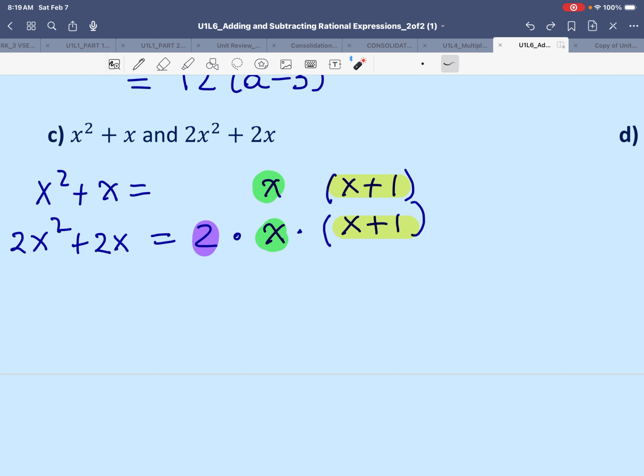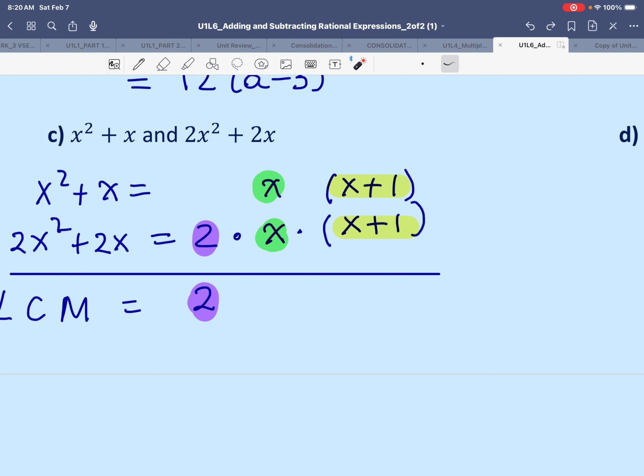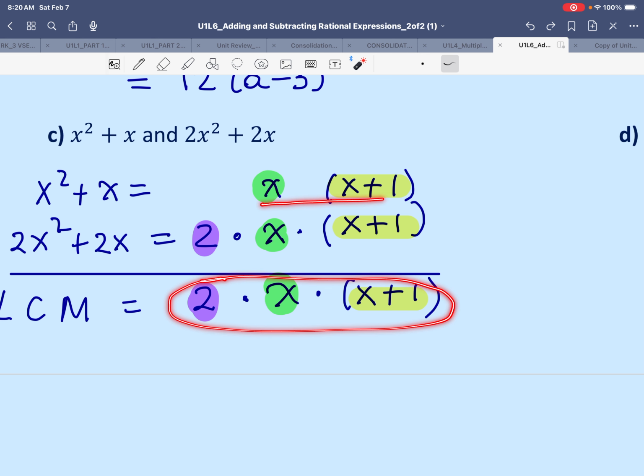So the lowest common multiple then would be equal to, we bring number 2 down, we multiply by x, which is common as you can see, and that's why we list them right below each other, times x plus 1. So again, this lowest common multiple divides evenly into both expressions.